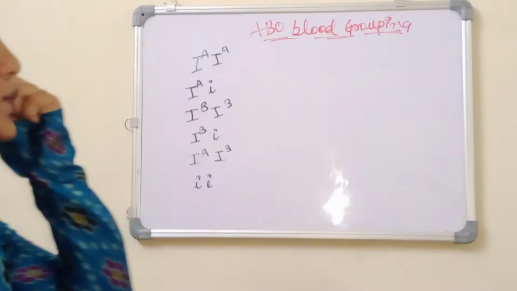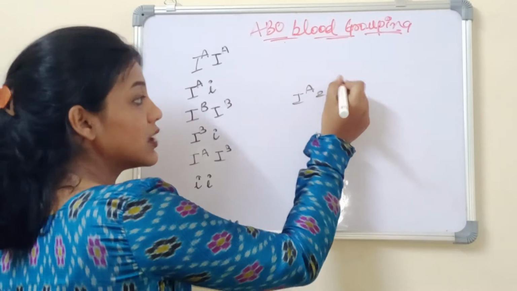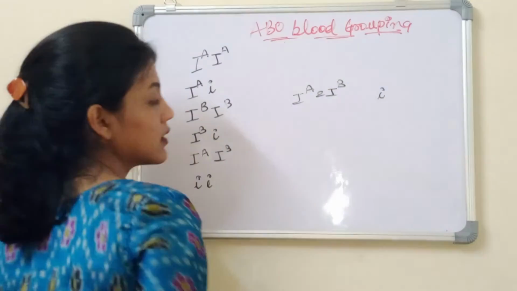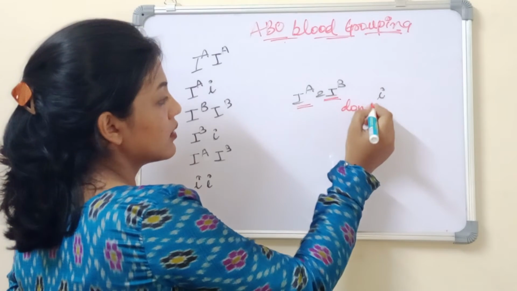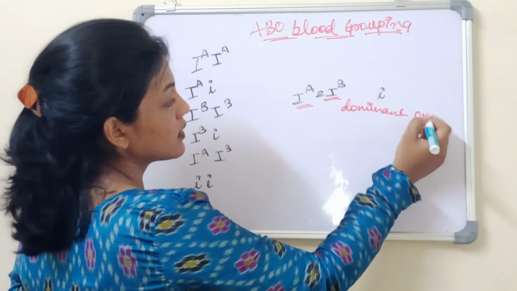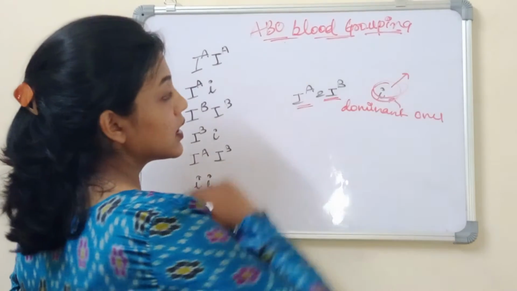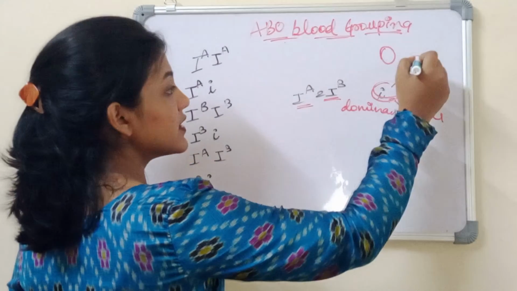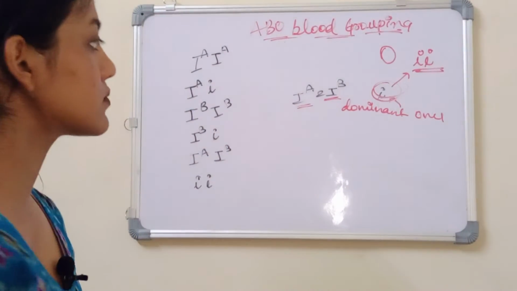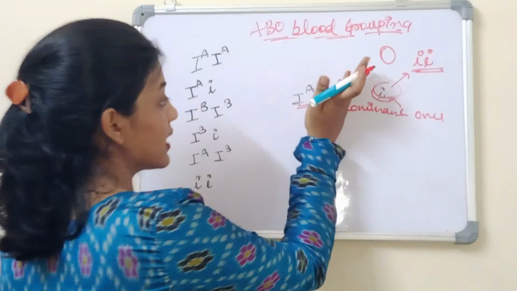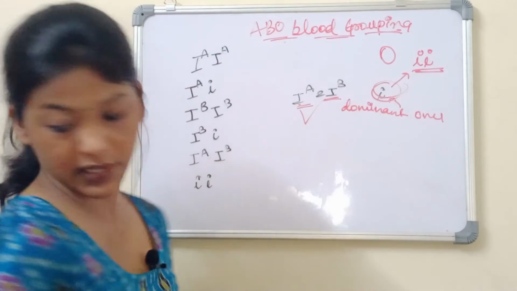Also I forgot to tell you that this IA and IB are dominant over i. IA and IB both are dominant over this small i, and this small i will express as O blood group only if it is present in this state, homozygous state, okay, homozygous recessive state. But IA and IB are codominant, but IA and IB are dominant over this small i, okay.